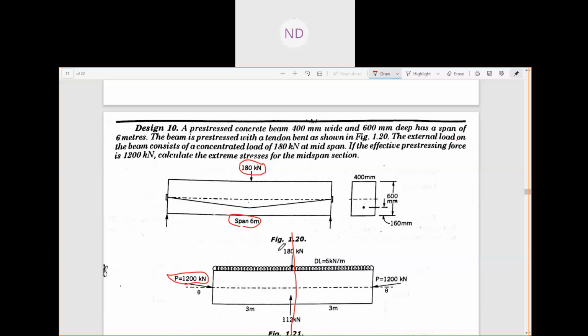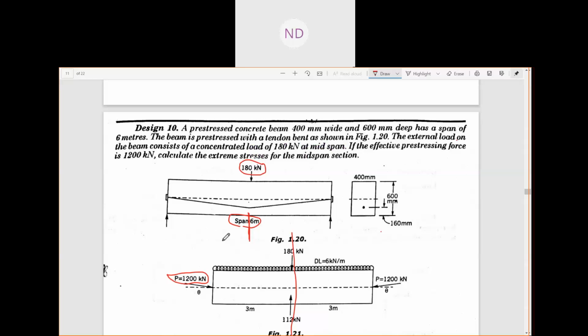But since this is a bent tendon, not an eccentric tendon, we know what happens in a bent tendon: there is an upward thrust given by the bent tendon against this 180 kilonewton.